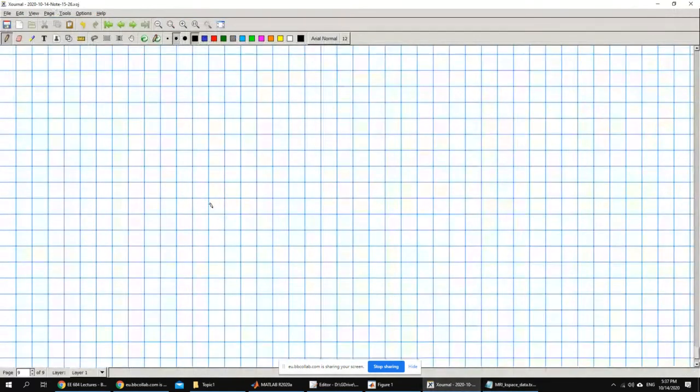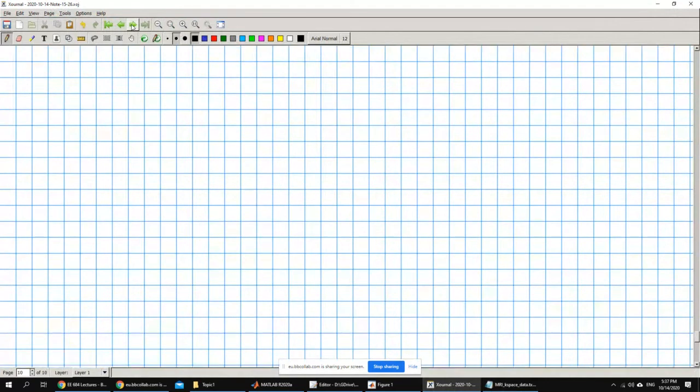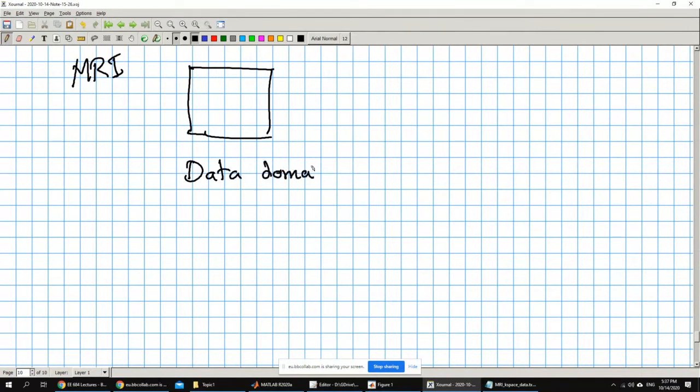The MRI, in particular, as I told you, the natural data domain is the K-space. You have Kx here and Ky here. In the frequency domain or K-space of MRI, you can design any sequence, what you call MRI sequences.